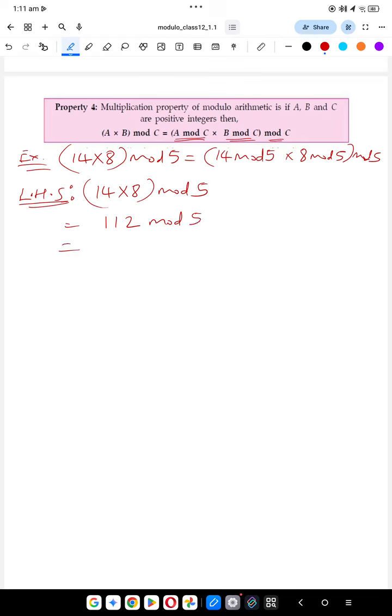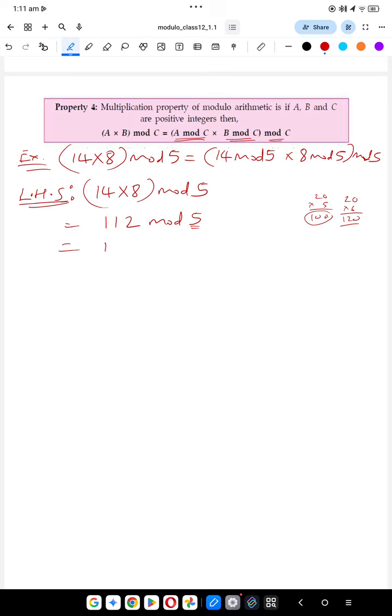Since this is 112, we need to think of a number which is just less than 112, and it shall be a multiple of 5. 20 into 5 will be 100, and 20 into 6 will be 120.